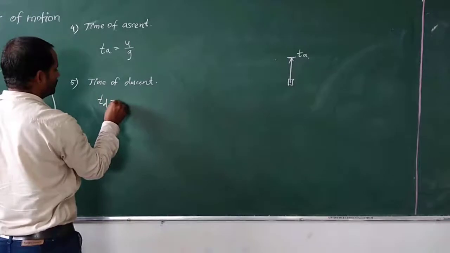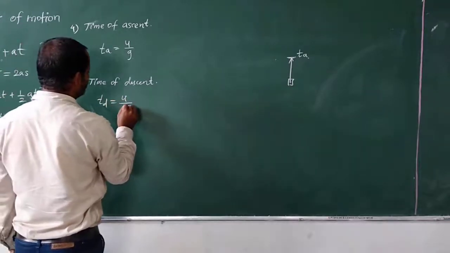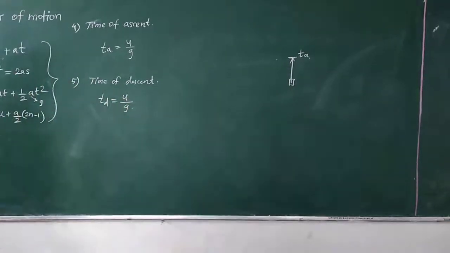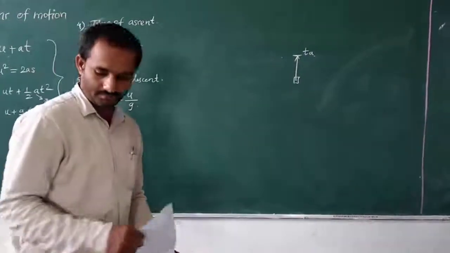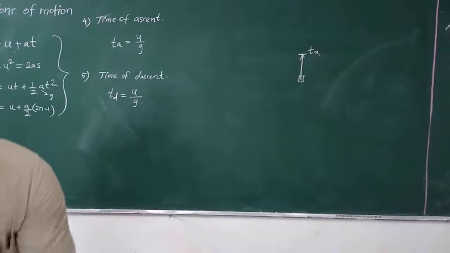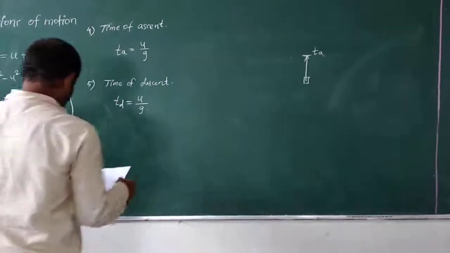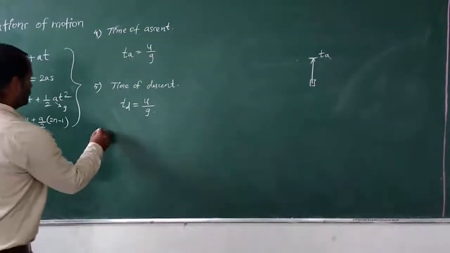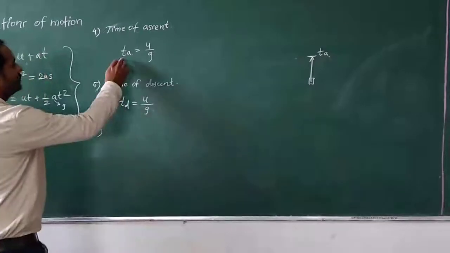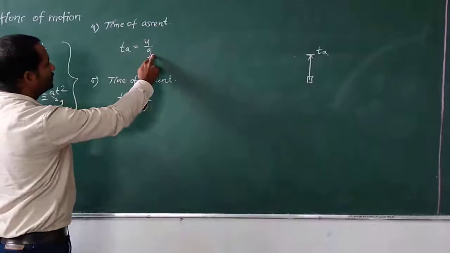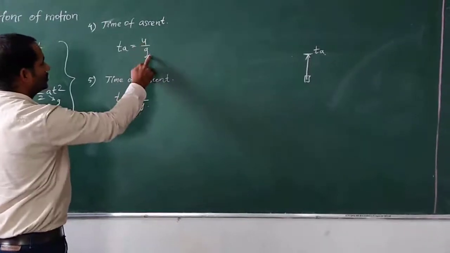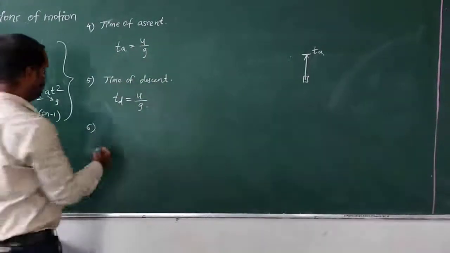TD is equal to U by G. So time of ascent and time of descent are equal, right? Then next is time of flight, number 6. So this formula will give us u, g, velocity, g and t.